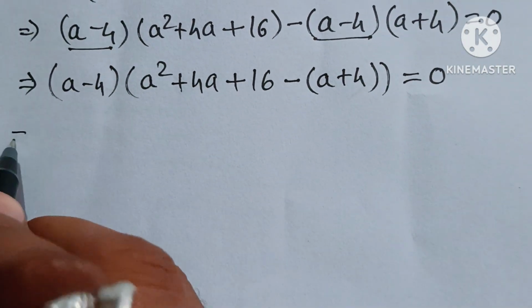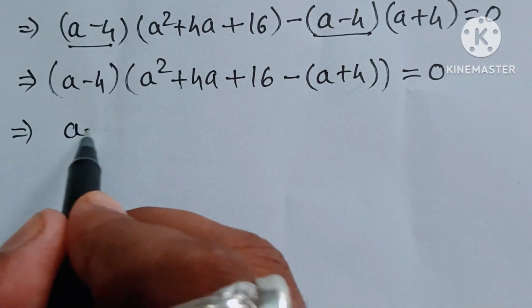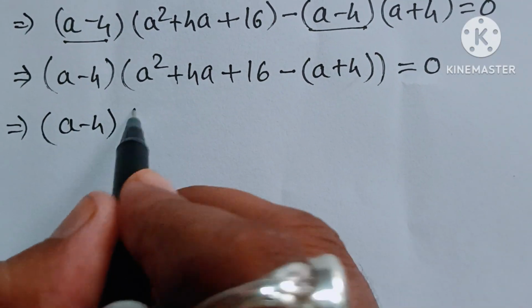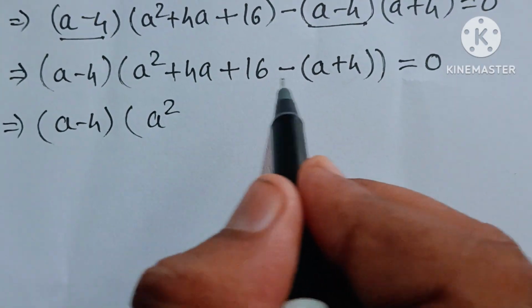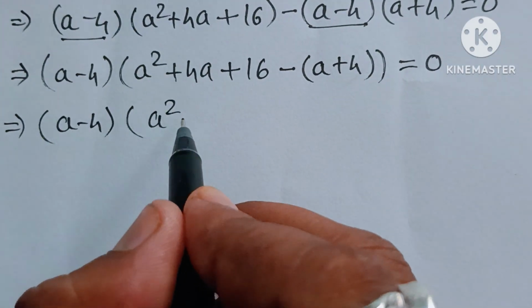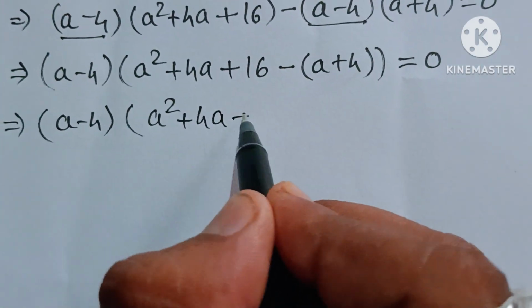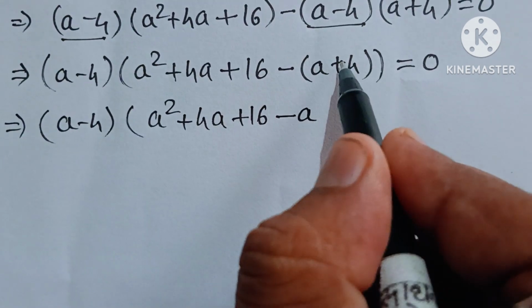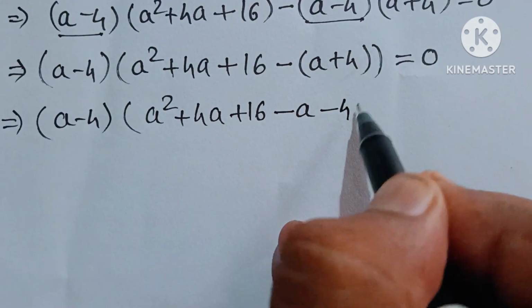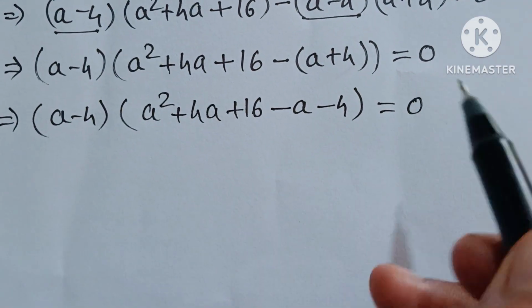Now (a − 4)(a² + 4a + 16 − a − 4) = 0, this plus becomes minus.